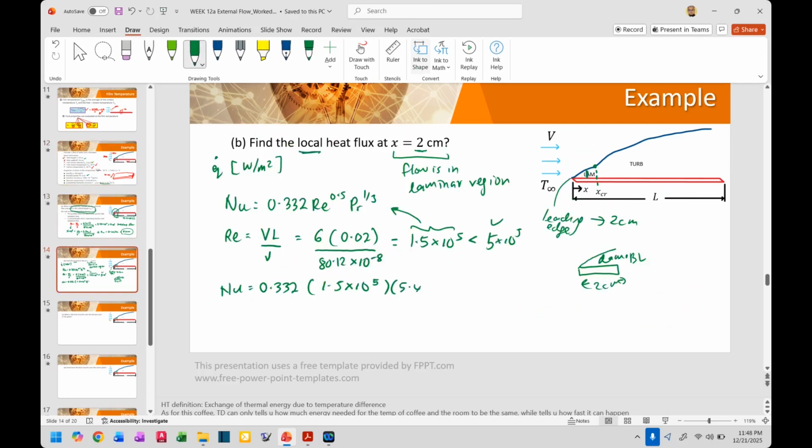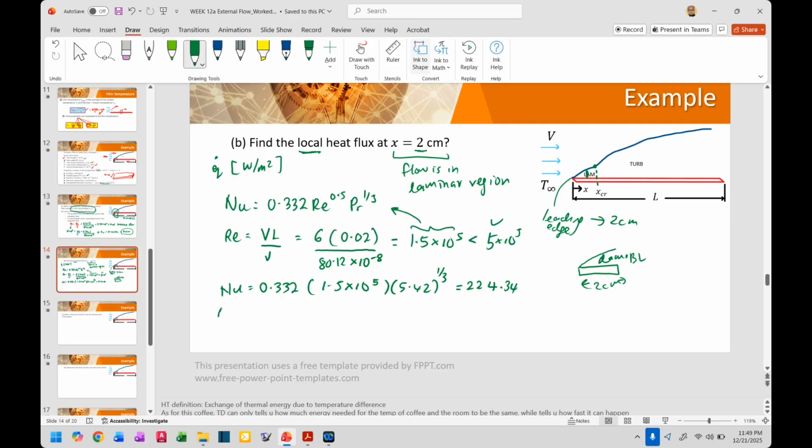So it's 5.42 raised to 1/3. Now you will get your Nusselt number, punch in all these numbers in your calculator. It's going to turn out to be 224 point something something, but let's take it as 2 decimal places accurate.